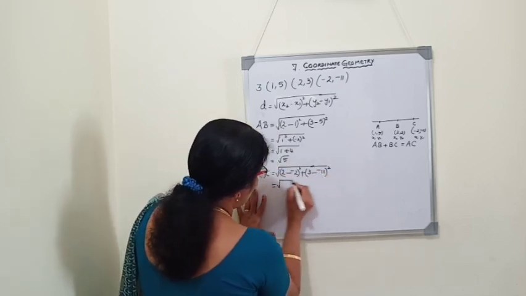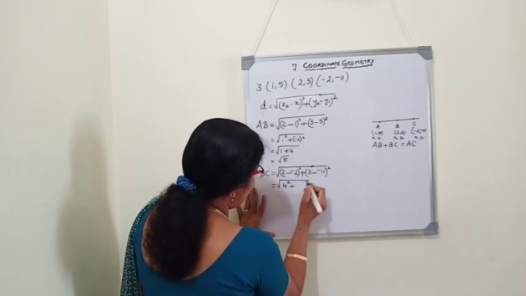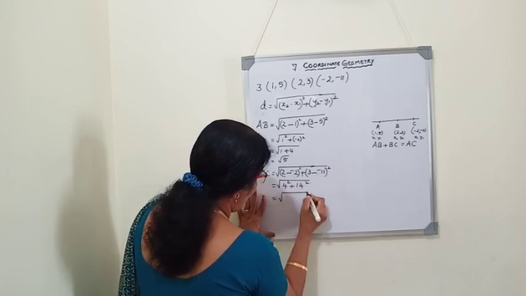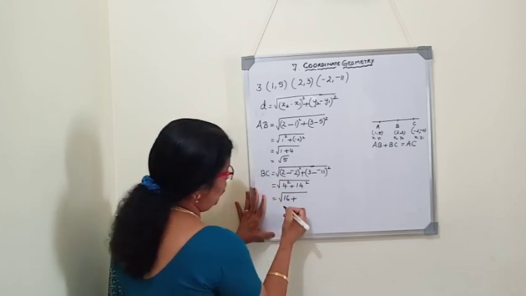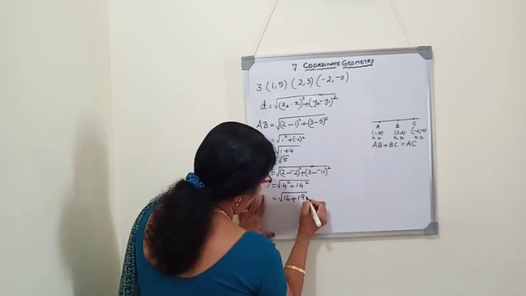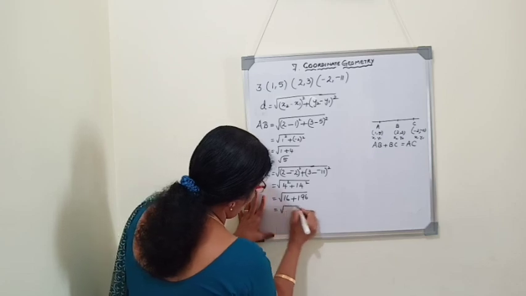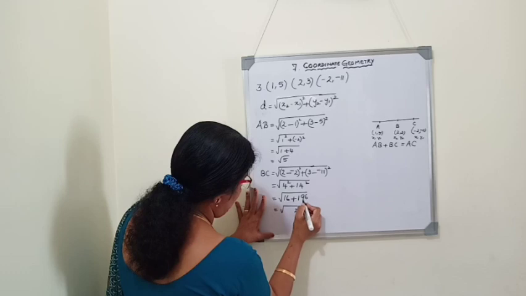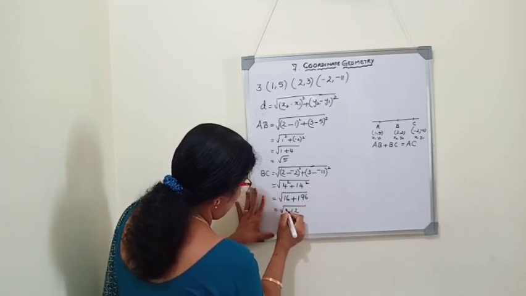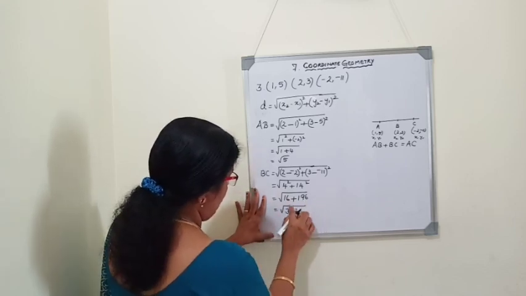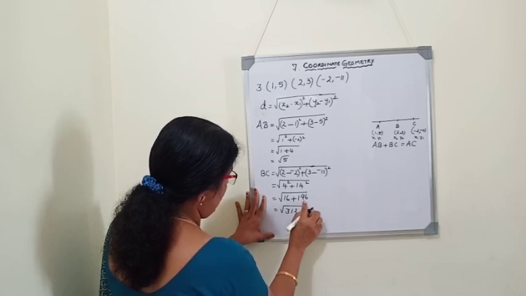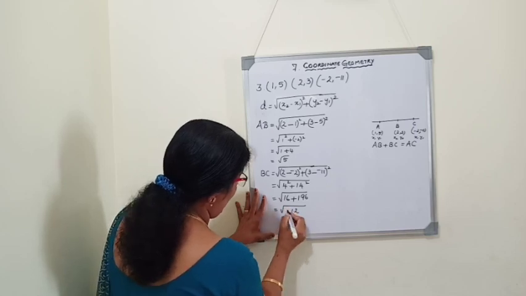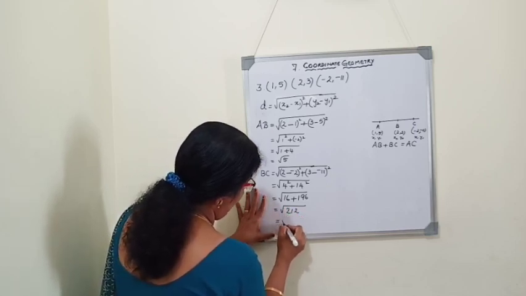That equals square root of 4 square plus 3 plus 11, 14 square. Square root of 16 plus, what is 14 square? 196, equals square root of 212. So we'll factorize this 212.